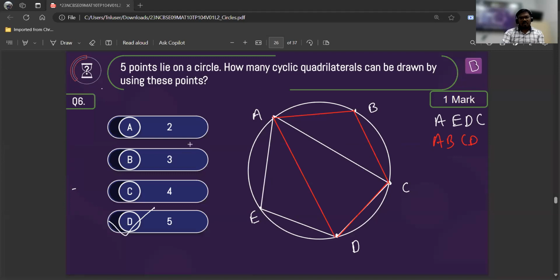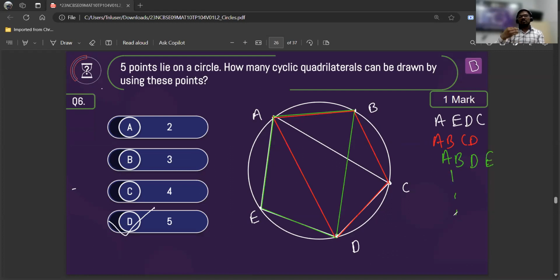I will not draw all, but try to help you draw, right? This one, green, like you can see here. So this is also A, B, D, E, right?